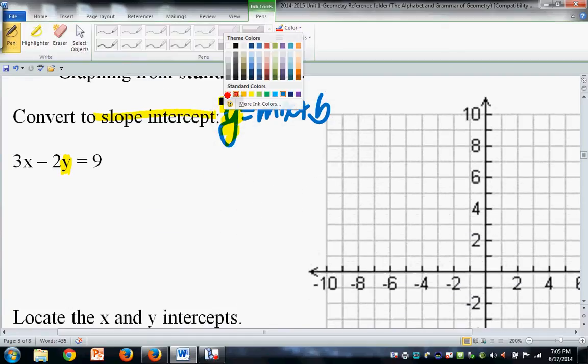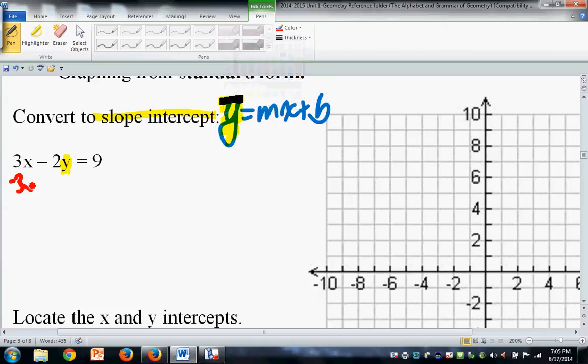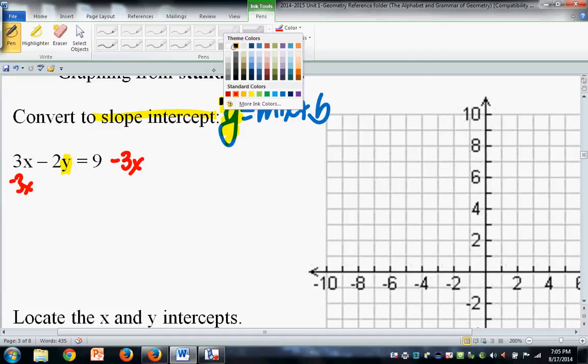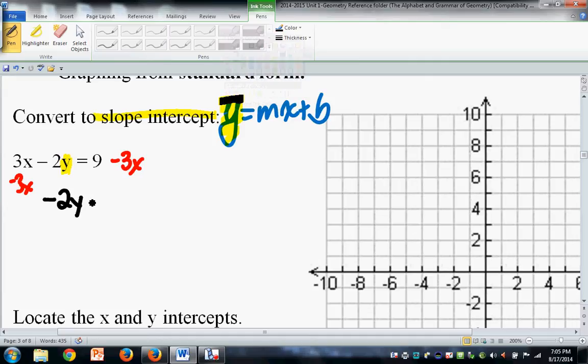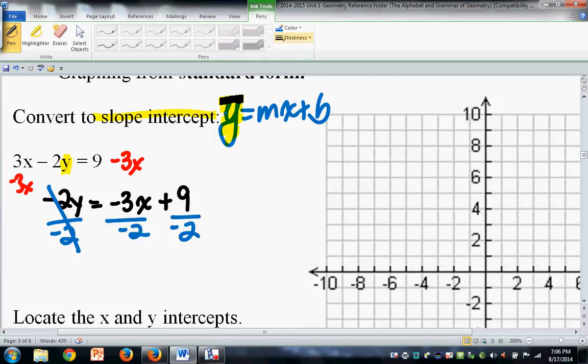So let's go through the algebra here. So we're going to minus 3x, minus 3x. Next line should read negative 2y equals negative 3x plus 9. And then I want to get rid of that negative 2, so I'm going to divide everything by negative 2, every factor.